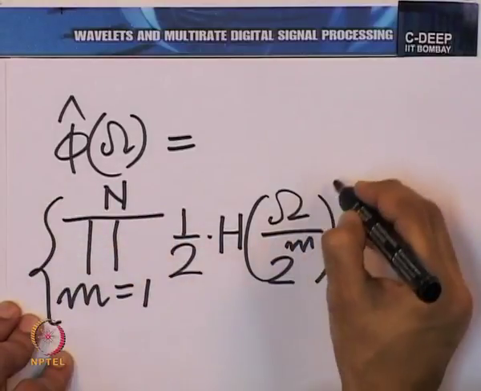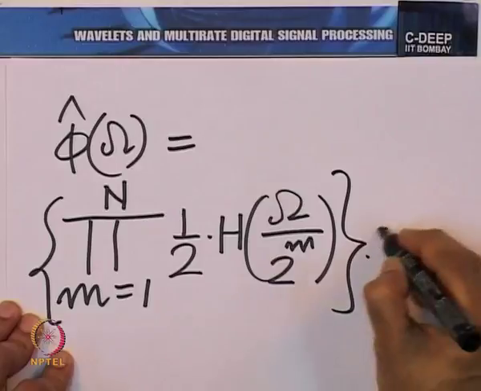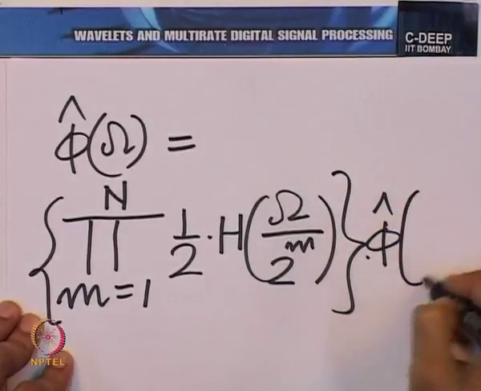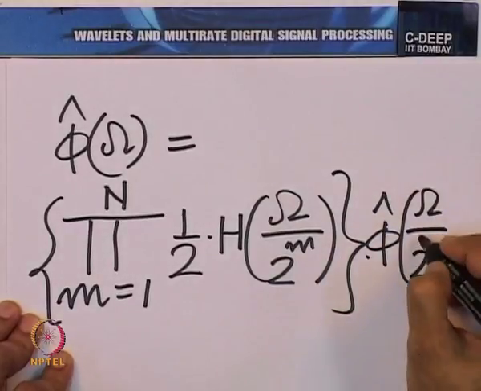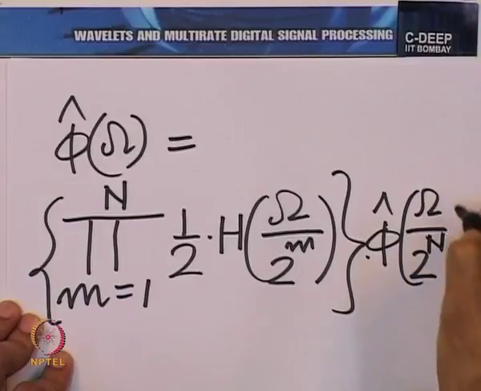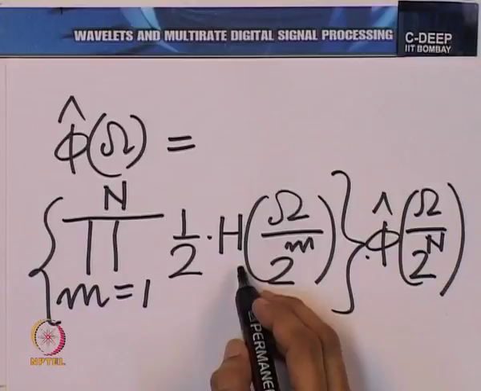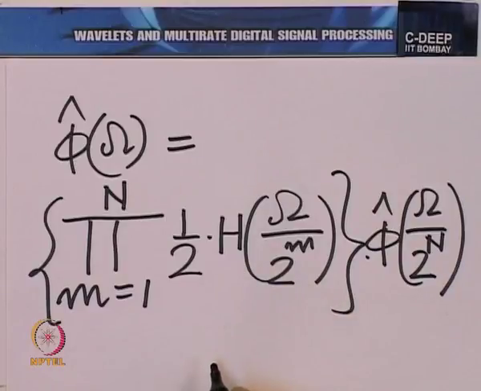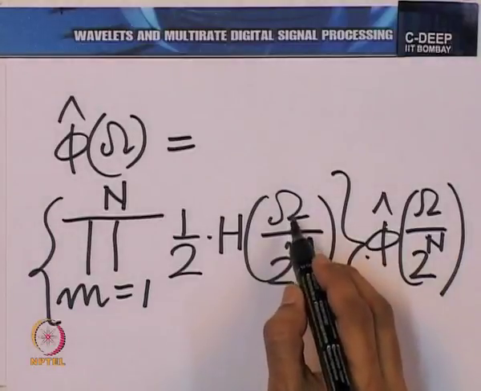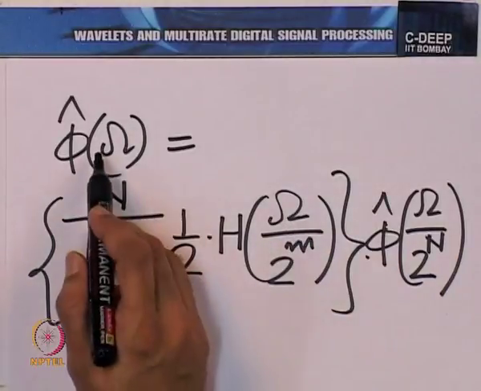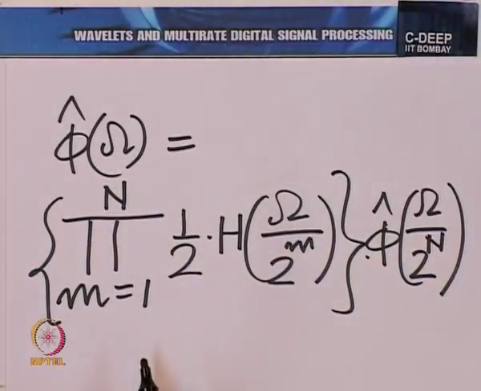This product and then multiplied by phi cap omega by 2 raised to the power capital N. So, we have a product of these so called discrete time Fourier transforms here. The only catch is now we need to use the analog frequency variable, because we are dealing with analog frequencies here and here.